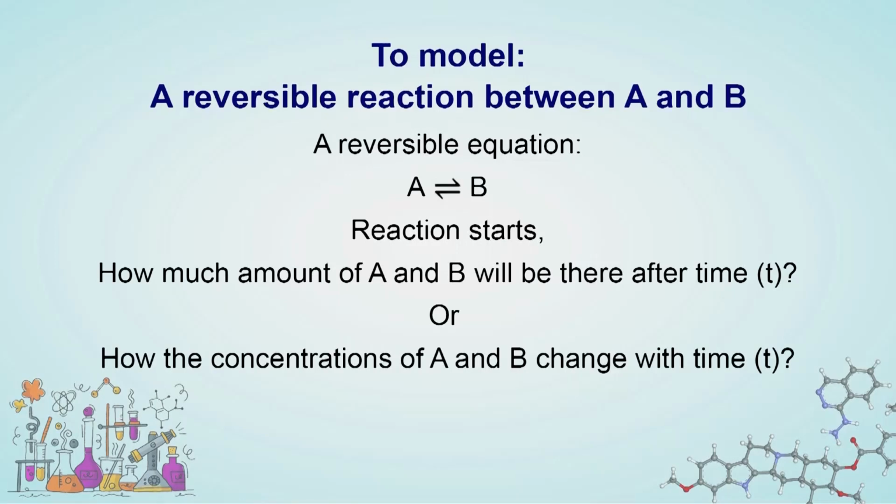Simply, we can generalize this modeling approach for any physical or biological system. We can see in this example a reversible equation. It means A becomes B and B becomes A. Then how do we transform this reversible equation into an ODE?